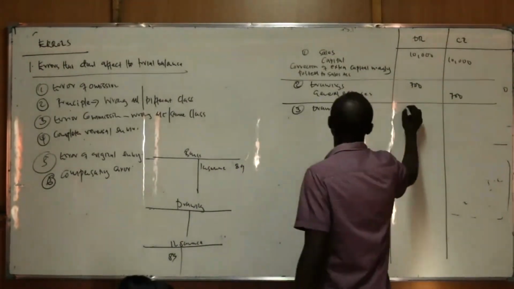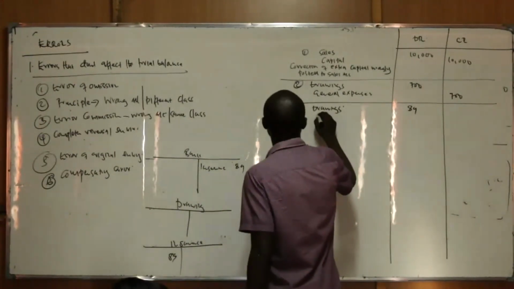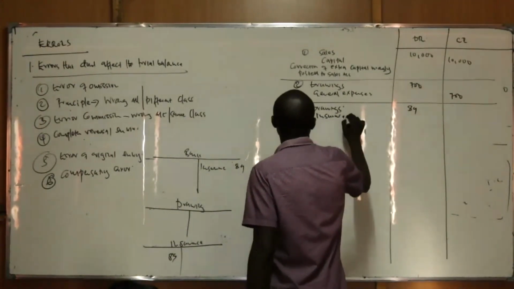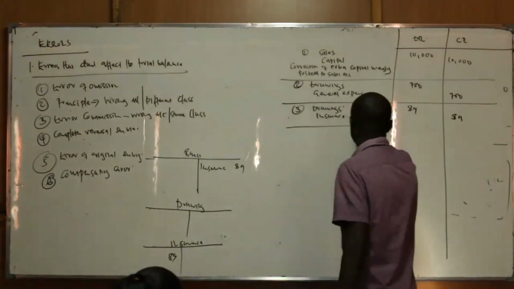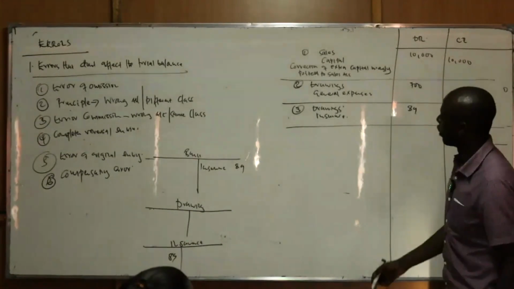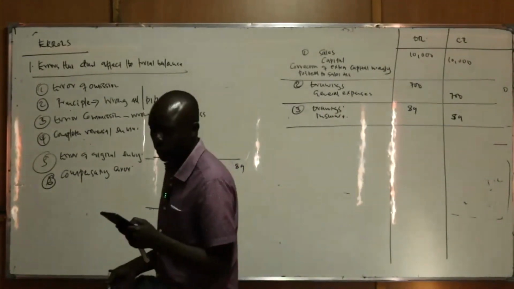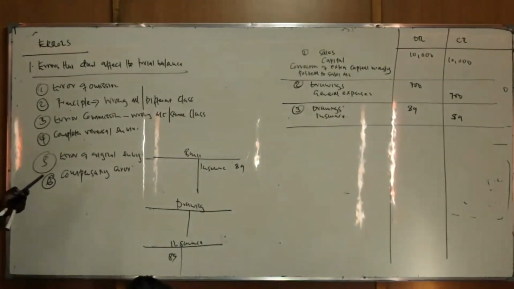How much? 89. And then you do what? We write here insurance. You can narrate by saying being correction of private insurance incorrectly posted to insurance account. Are we together? That is how we rectify those errors.